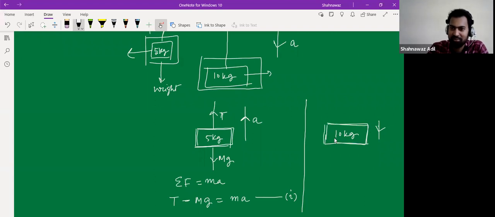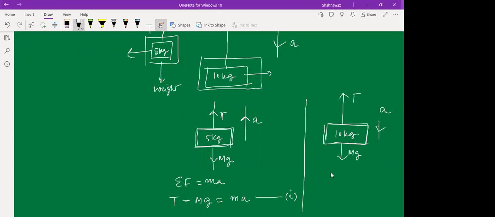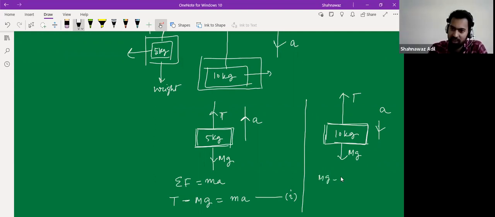So yes, acceleration is downwards and weight is also downwards, right? And tension is upwards. So what will be the second law of motion? Mg minus T equals Ma. Yes. So mg minus T equals ma, right?